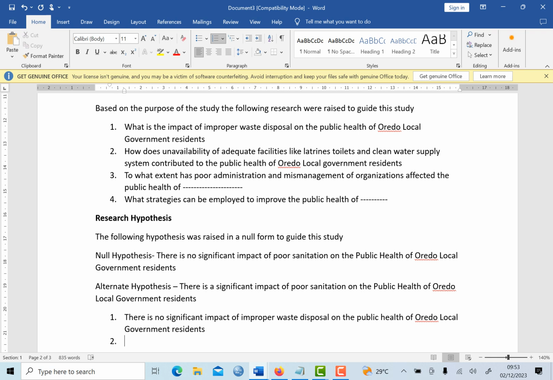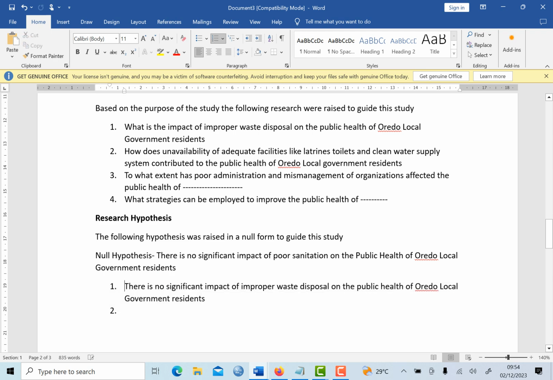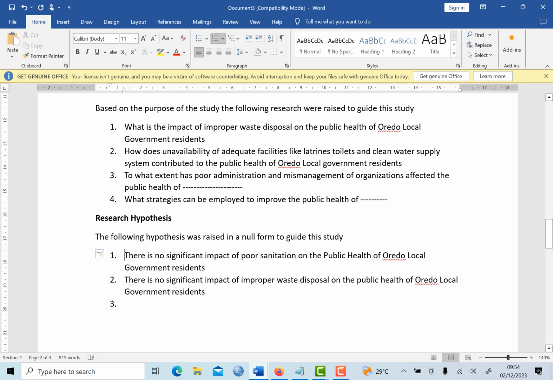Number two, I think we can take this one as number one. Let's take this as number one. Significant impact of improper waste disposal.